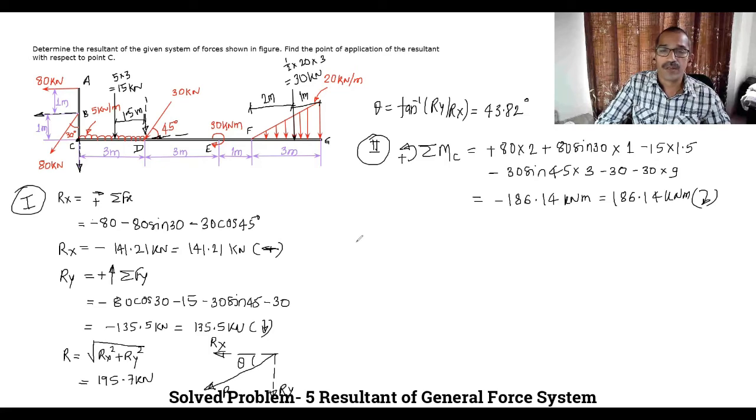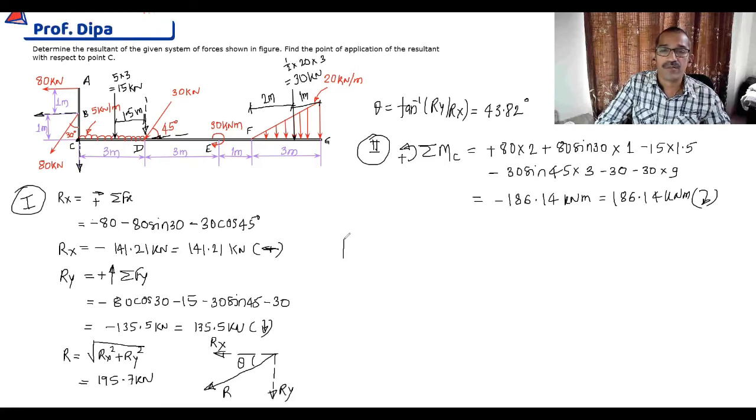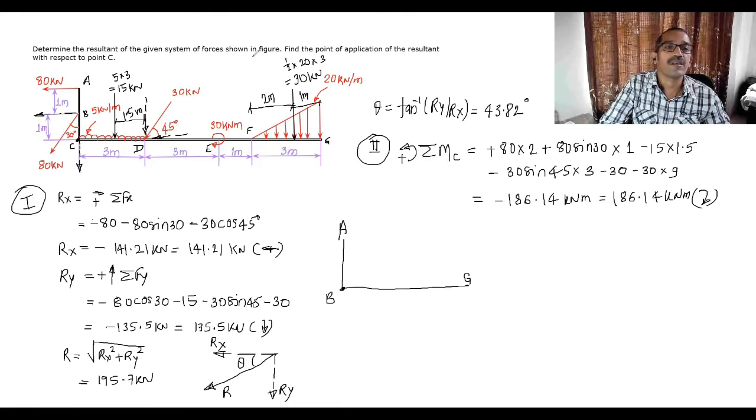Now, if I draw the same figure here, this one is bar A, this is B, and this point is G, you can see, right? We check where the resultant is. The resultant is in which quadrant? Third quadrant. This is the point B. Now, where to represent this resultant so that the moment of the resultant about B must be clockwise?